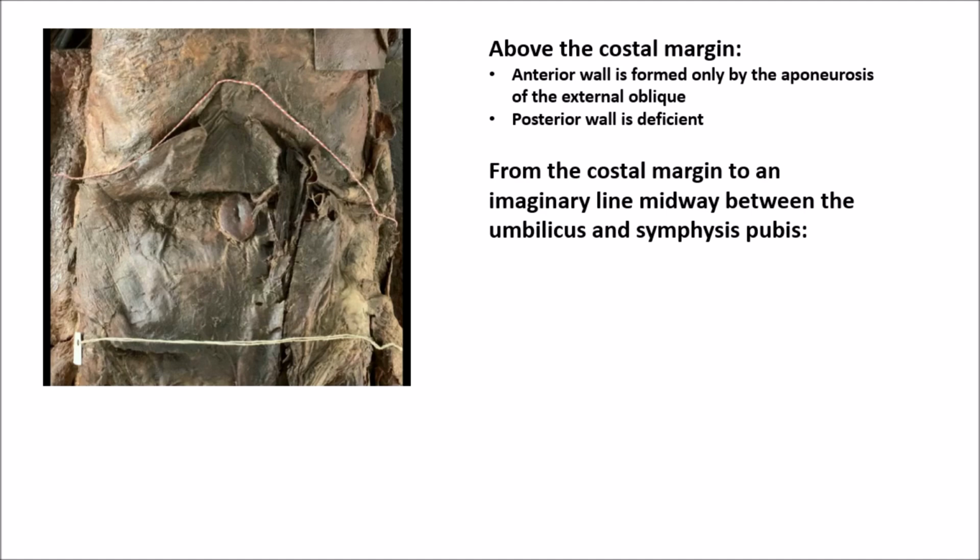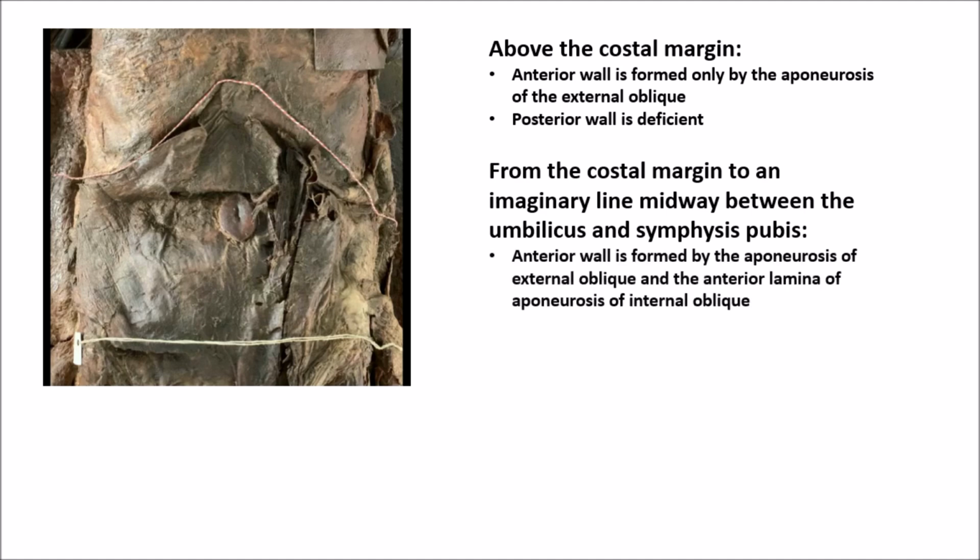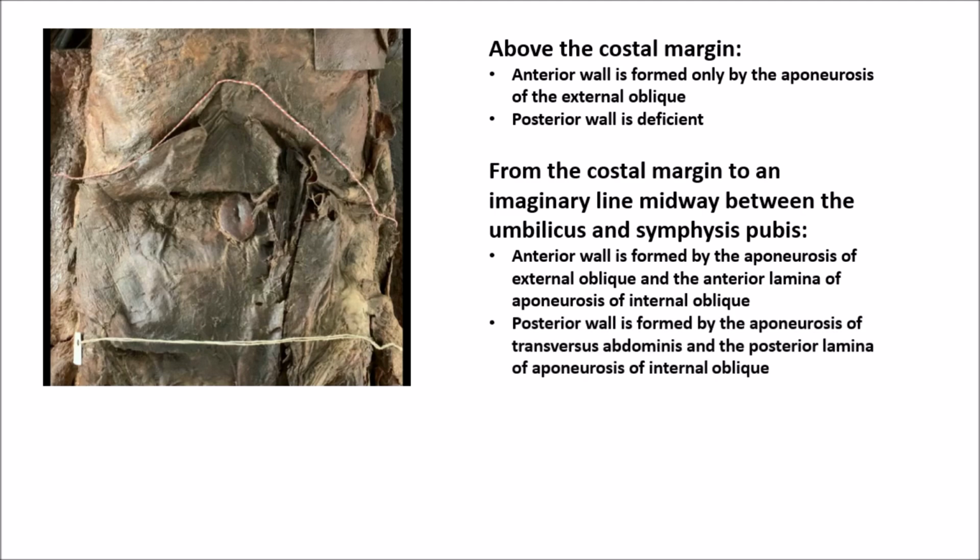The anterior lamella blends with the aponeurosis of the external oblique and forms the anterior wall, and the posterior lamella blends with the aponeurosis of the transversus abdominis and forms the posterior wall.